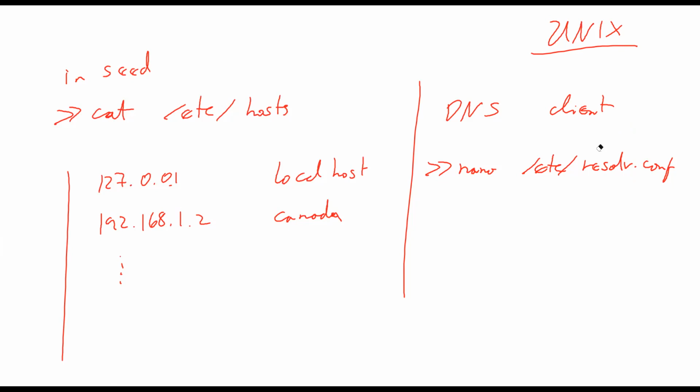So if you opened the file, it would look something like nameserver 8.8.8.8. Obviously, if you use this in your client, the lab won't work because you're always going to resolve with Google's server.